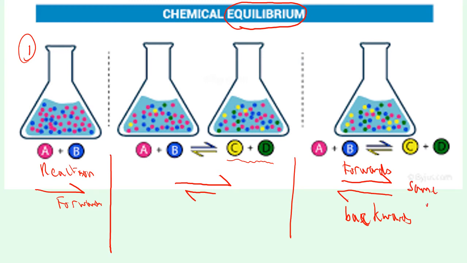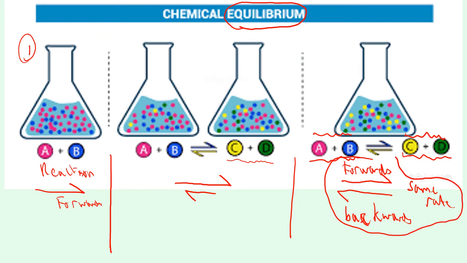So at that stage, it will no longer look like it's changing, because every time A and B join to make C and D, C and D are joining to make some A and B. So when the two have reached exactly the same rate, and this is the important bit over here at the very end of your diagrams, then it will have reached a point where we say, it has reached an equilibrium.